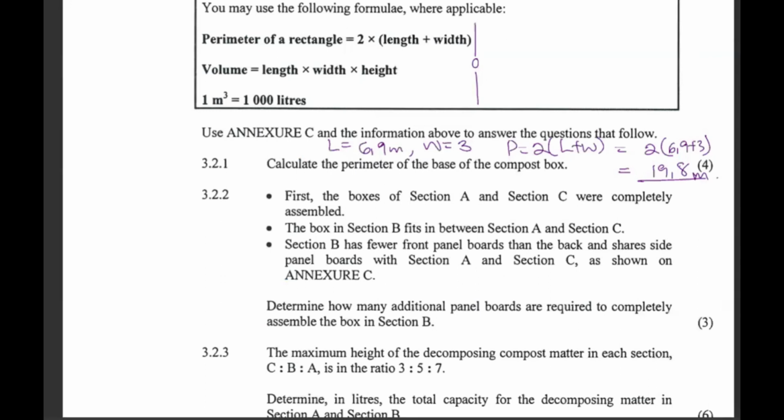Okay, 3.2.2. First, the boxes of section A and section C were completely assembled.